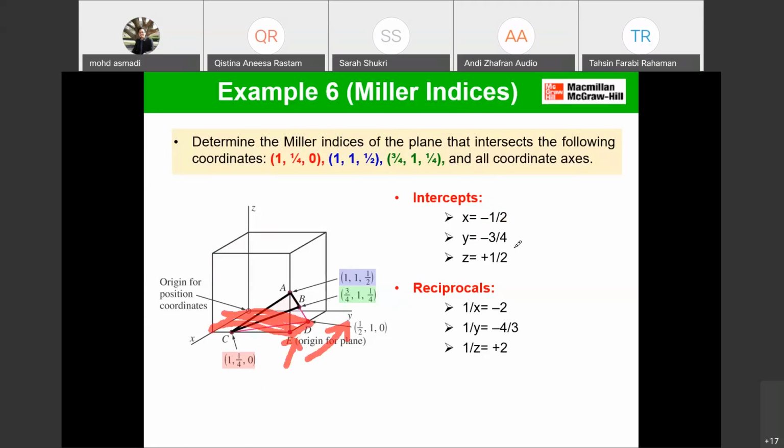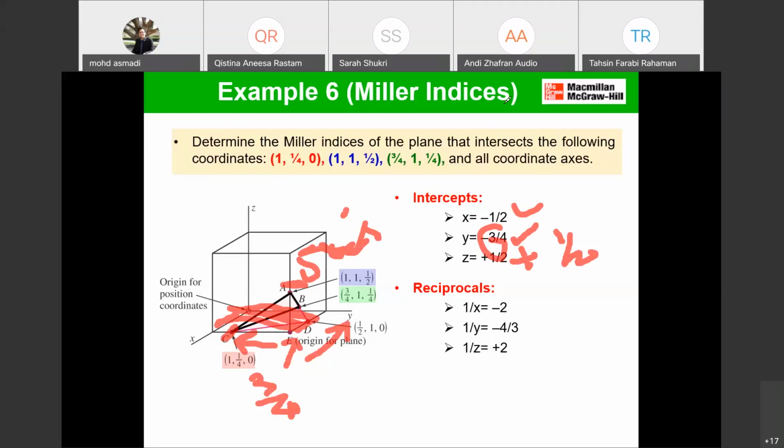And then y, if you look at here, y is 1/4. Actually the original is 1/4, but since we define the new origin, it becomes 3/4, and negative. And for the z, z is plus half, about 50%.